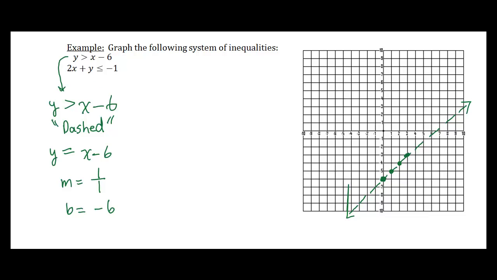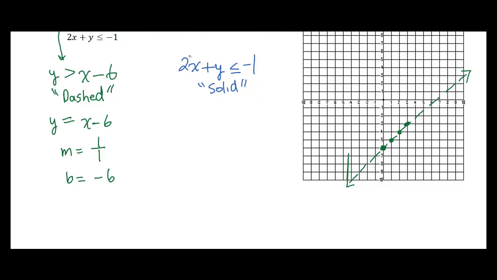Okay, and we have also the inequality 2x plus y is less than or equal to negative 1. That's actually going to be a solid line when we graph it. And I'm going to actually solve this for y. To solve that for y, I can subtract 2x from both sides. And I'm going to get y is less than or equal to negative 2x minus 1.